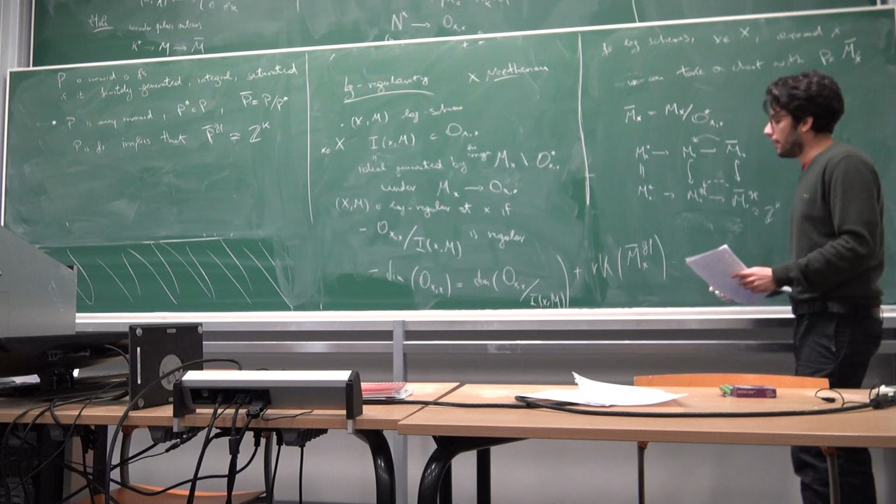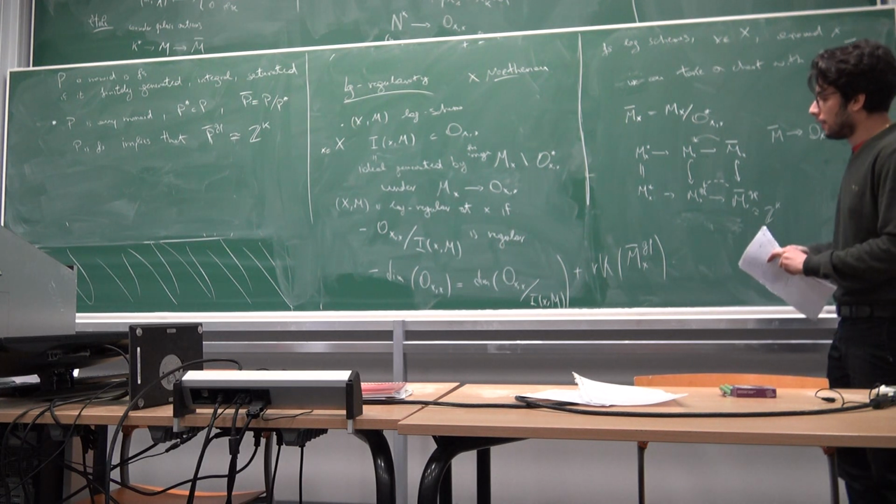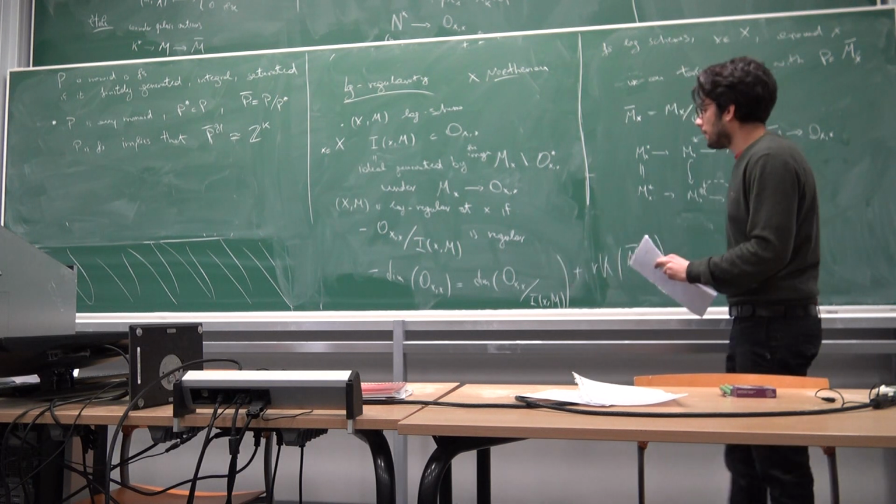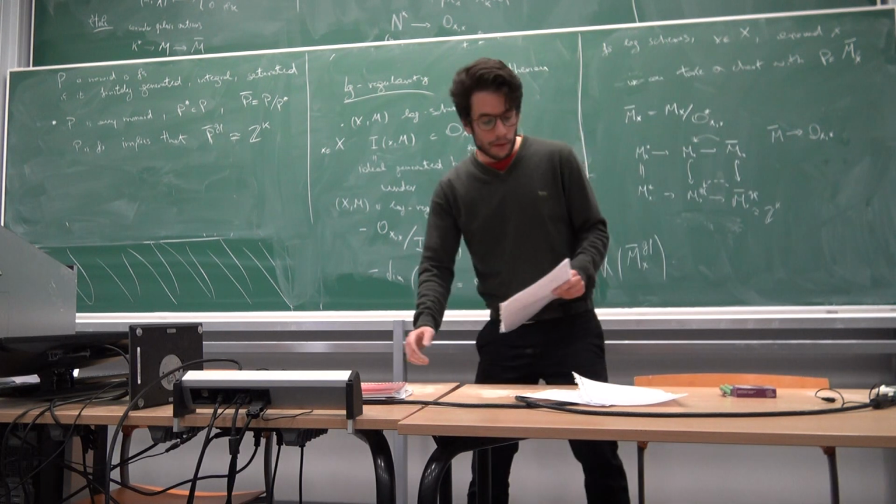So again, this is a free abelian group, and we take the rank. So somehow we see that the log structure should correct the defect of our original ring.